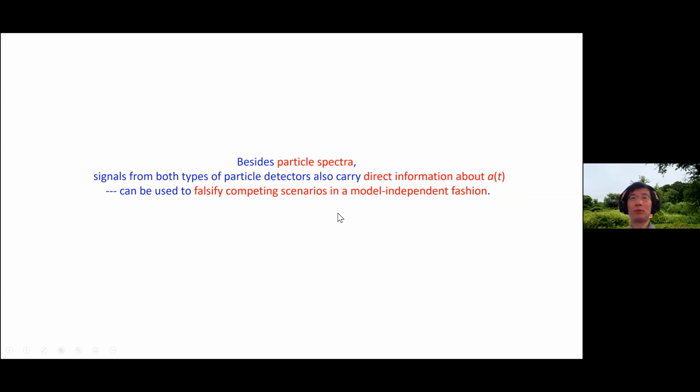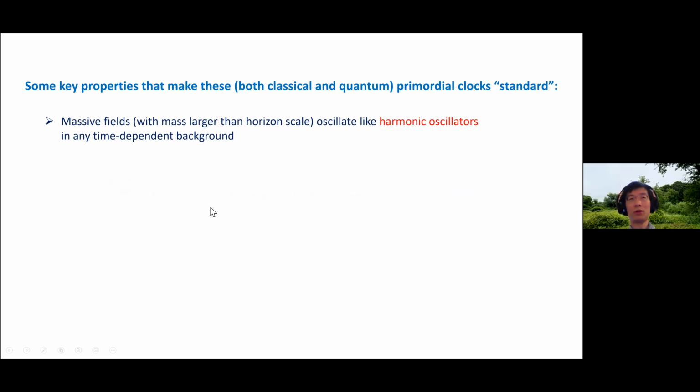To address that in detail, we have to compare the predictions, but they are different qualitatively, as I just mentioned. Okay, thanks. Yeah, sure. So once this information about a(t) is measured, that actually is a nice feature that we can use to falsify competing scenarios in a model independent way, because we are not doing model building in this approach.